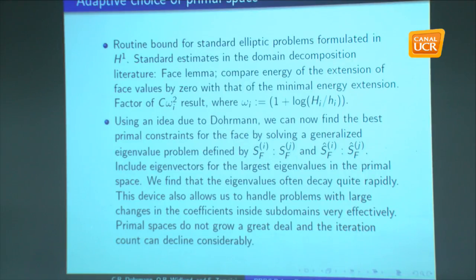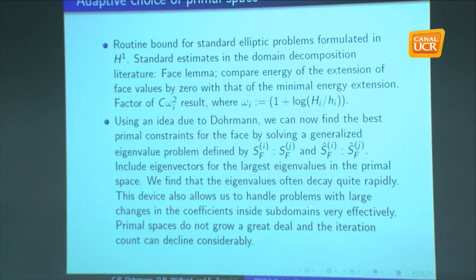And then we can get improved bounds, and also we can know in advance how well the iteration will work. We can set a tolerance, and we can enforce that tolerance by increasing the primal space appropriately.